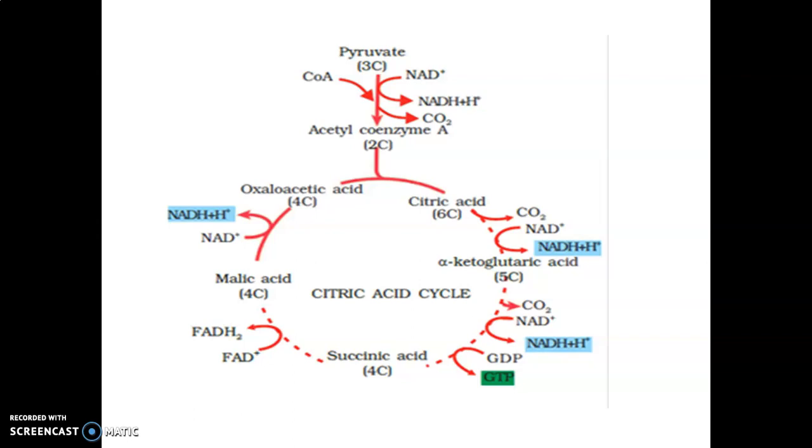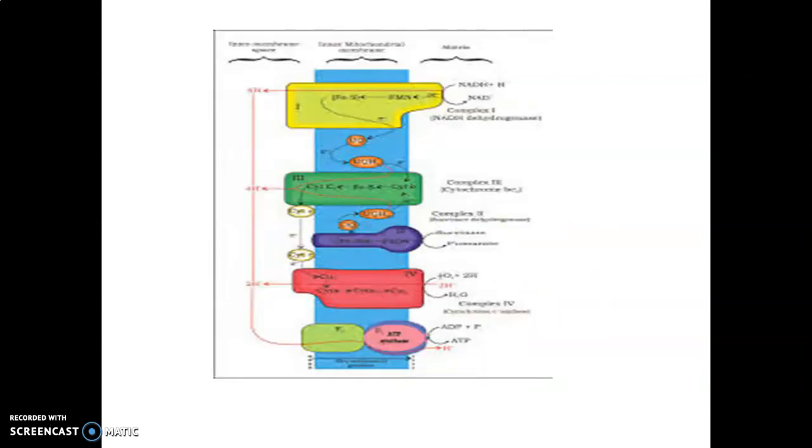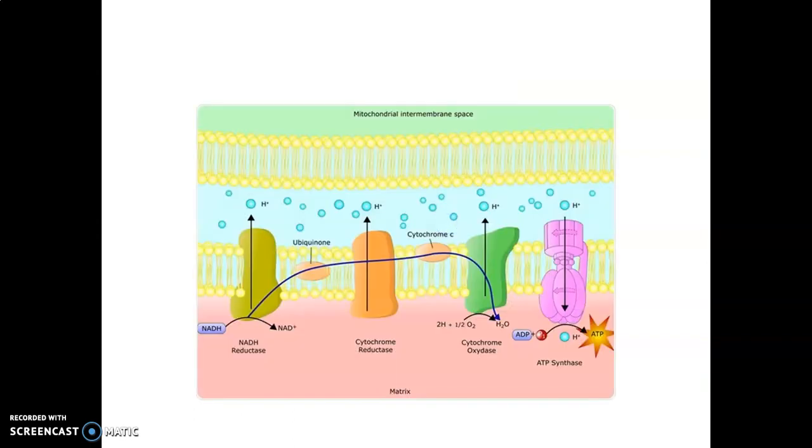So children, you might wonder why we have been discussing respiration at all, because neither oxygen has come into the picture nor the promised large number of ATP has yet been synthesized. So now let's discuss the electron transport system, or oxidative phosphorylation.